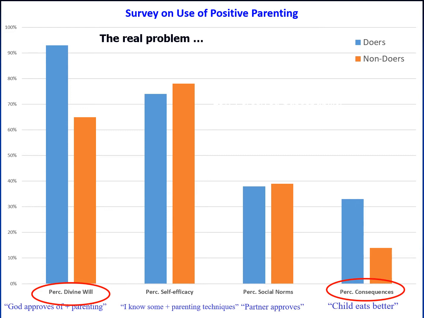In contrast, the perceived consequence of the behavior does appear to be associated with it, and the belief that God approves of the behavior is also associated with the adoption of the behavior. In this case, we would focus on increasing the proportion of people who believe that God approves of positive parenting, working through faith leaders most likely, and also use the message that your child may eat better if you use positive parenting as a way to promote it.